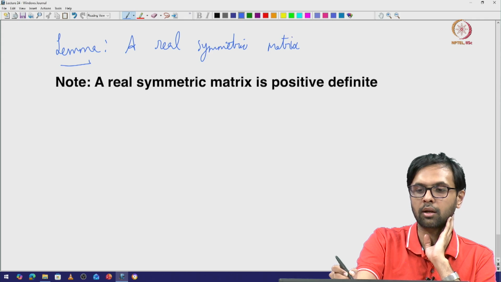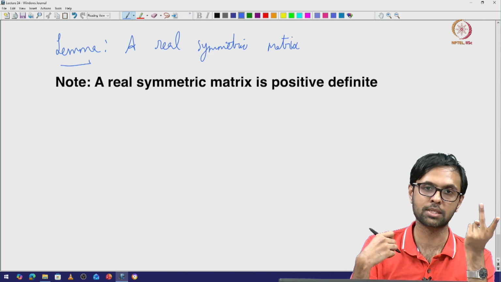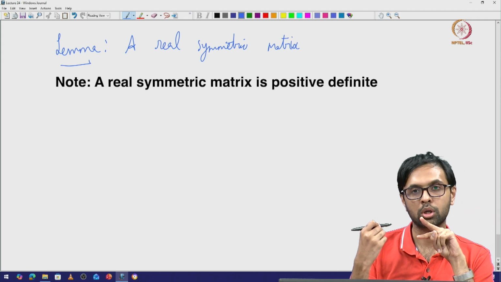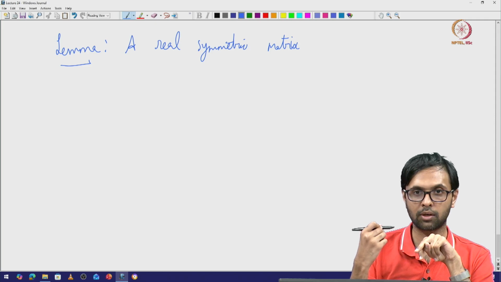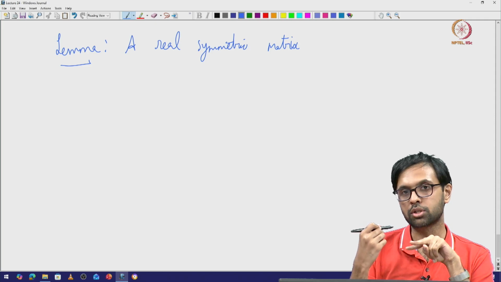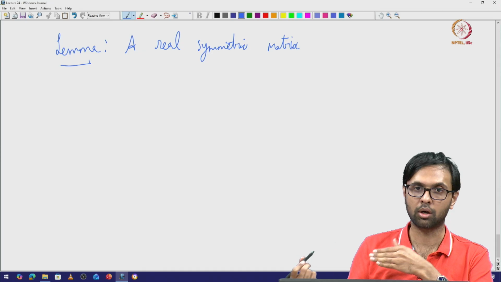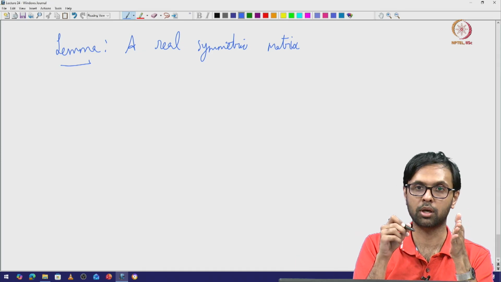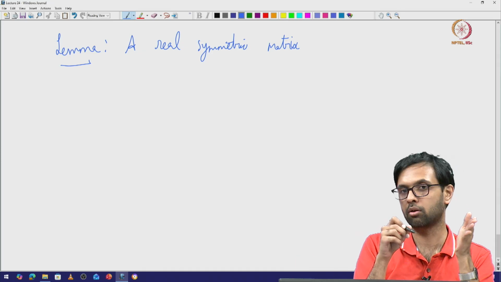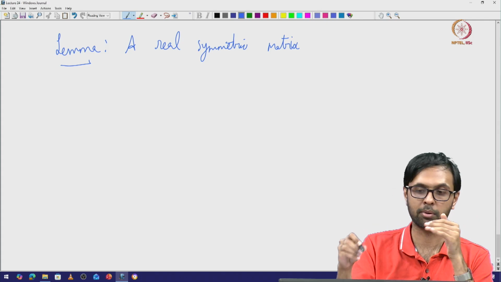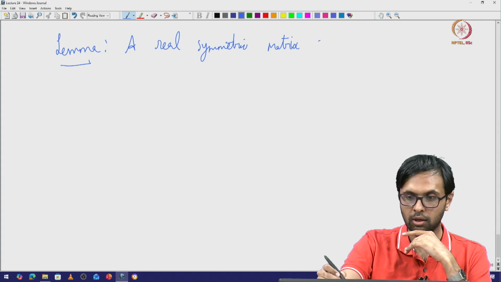This linear algebra lemma serves two purposes. It tells us how to show that a matrix is positive definite, and it also tells us the property that we want: that if you are positive definite at one point and you move the matrix a bit, it will continue to be positive definite.